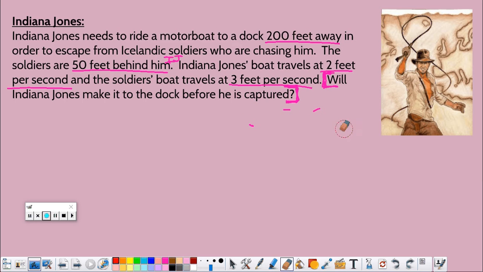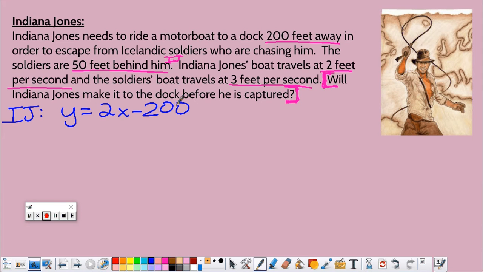I would like for Reagan and Abby Pittman to share the 2 equations that you wrote. All right, and what were your x and y variables?